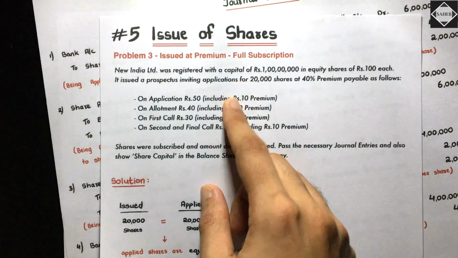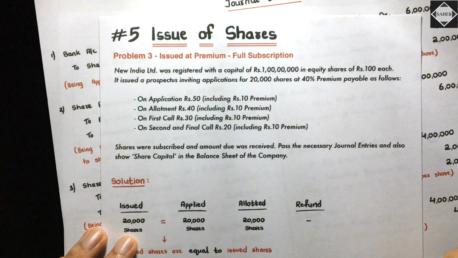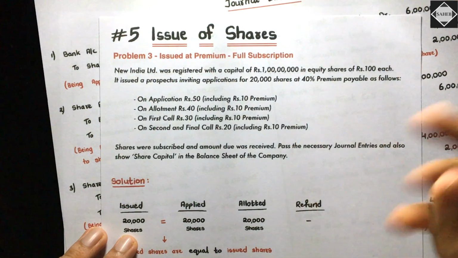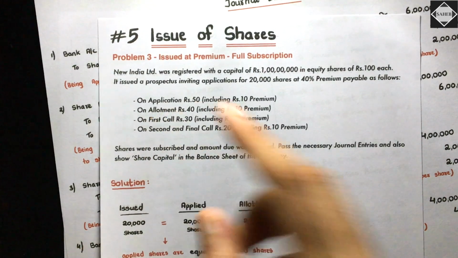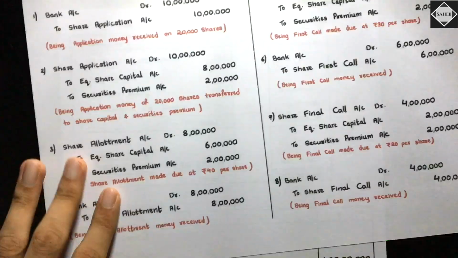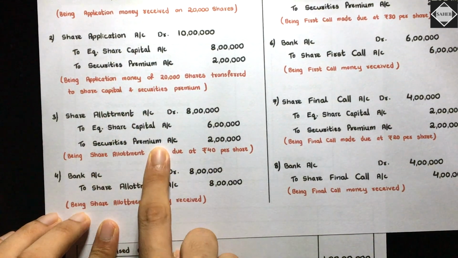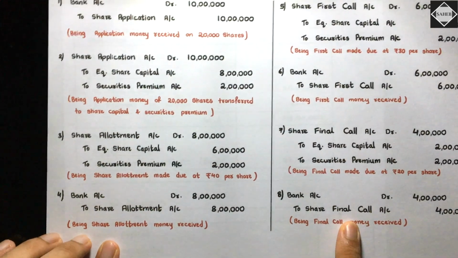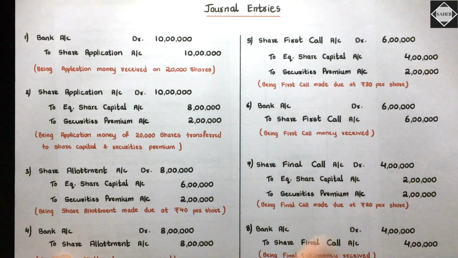But sometimes this will not be given. They will not tell you in which stage the premium is. At that time you have to assume that all of that premium is there in the allotment stage only, and the securities premium in the journal entries will only come in the share allotment entry. All other entries will be normal, like when shares are issued at par.